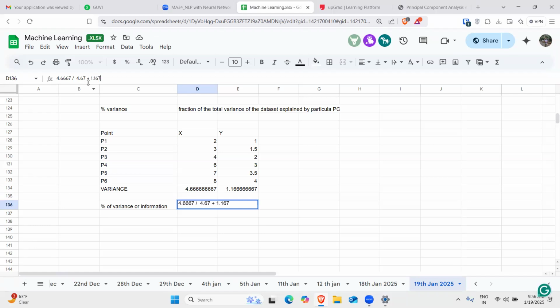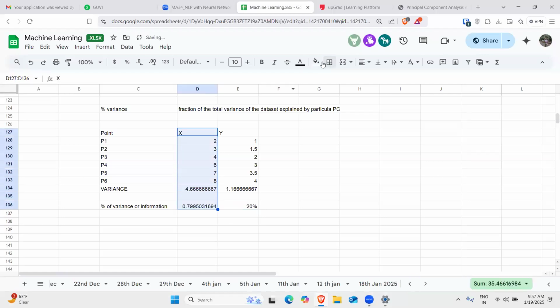If you just do this, your first column, X, itself gives you what? It gives you 80% of the information about the data, 79.9, and the remaining 20% will be given by this. So which is your important column? This one. It gives me 80% of the information about the data.